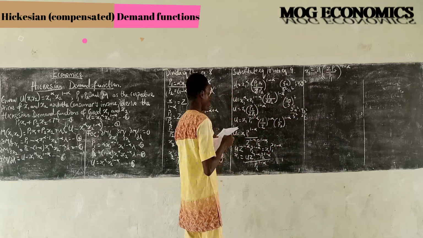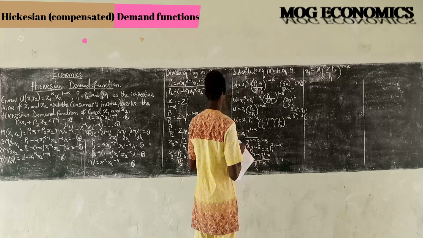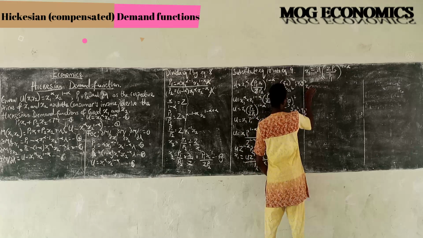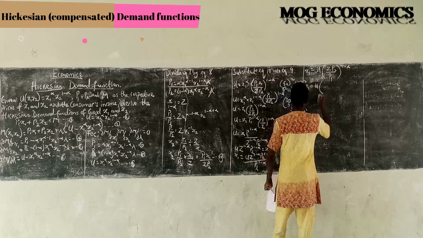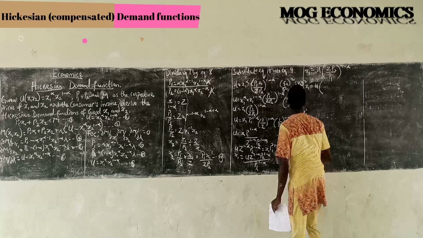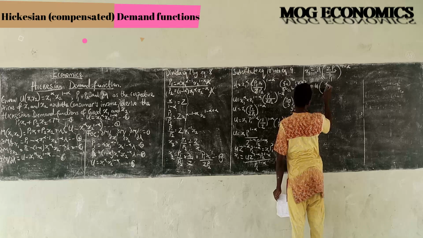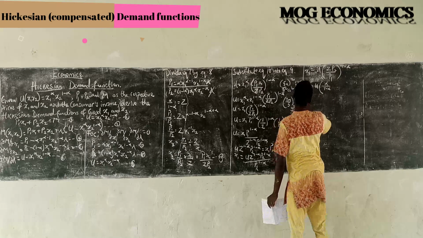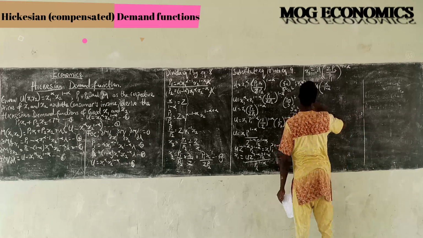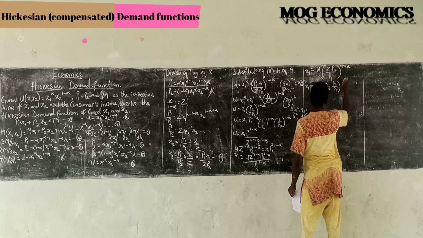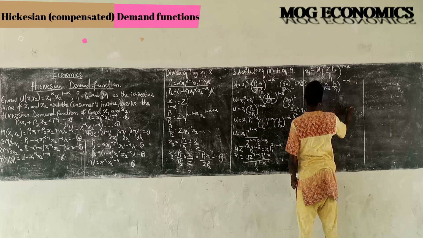Yes. So p2 over p1 to the power 1 minus alpha. But recall that z is what? Alpha over 1 minus alpha, right? So x1 will eventually be equal to u into bracket alpha over 1 minus alpha, z is kind of standing alone, then p2 over p1 to the power 1 minus alpha.